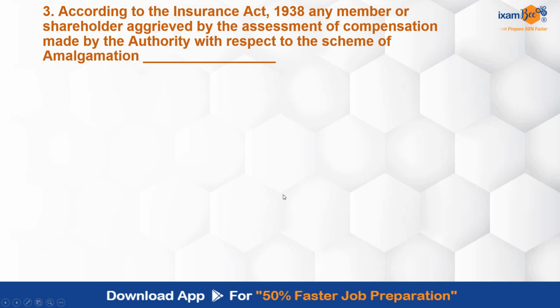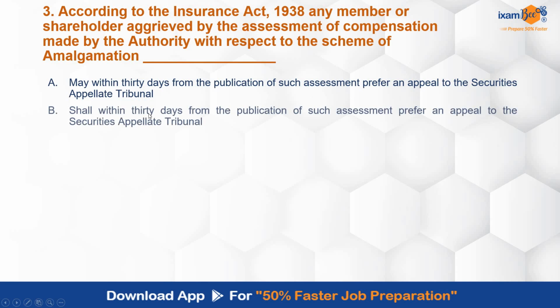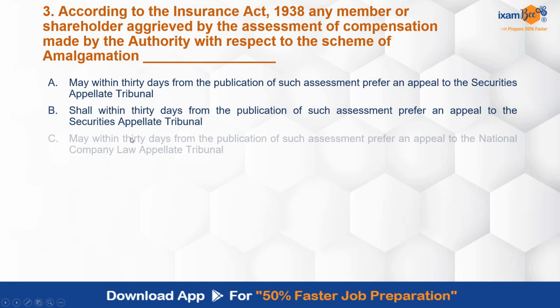According to Insurance Act 1938, any member or shareholder aggrieved by the assessment of compensation made by the authority with respect to the scheme of amalgamation may, within 30 days from the publication of such assessment, prefer an appeal to SAT. Shall within 30 days from publication prefer an appeal to SAT. यहाँ पे आप देखिए ऑप्शंस में कितना माइन्यूट डिफरेंस है, may और shall, डिस्क्रिशन और मैंडेट.